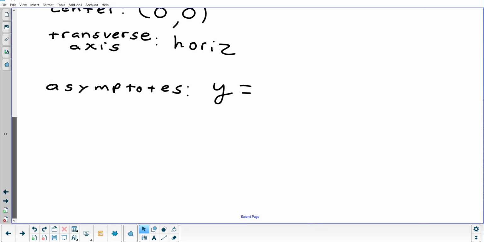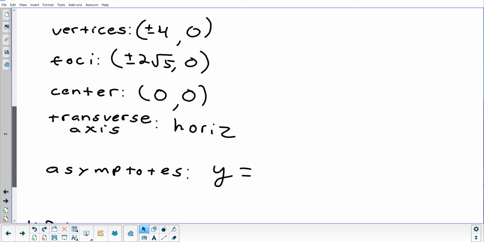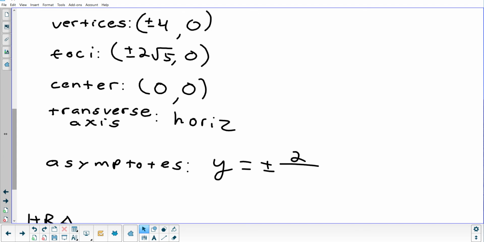Asymptotes. What's the formula for the slope? What letter over what letter when it's horizontal? B over A, right in that order. B is 2. And what's A? 4.